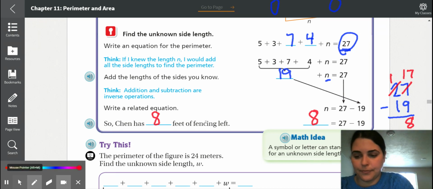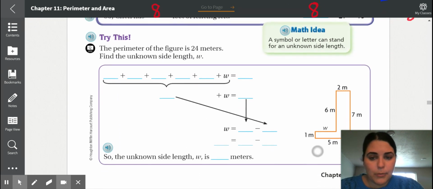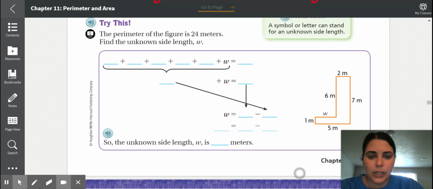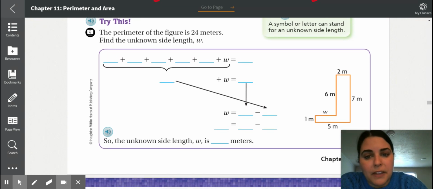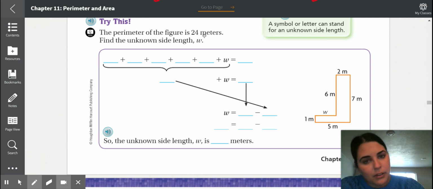Okay. Let's move on to this one. Okay, so it says, try this. The perimeter of the figure is 24 meters. And meters is just another way, another tool we can use to measure the sides of something.